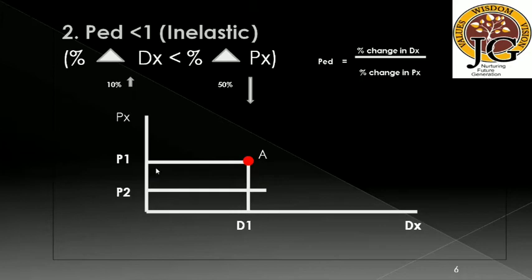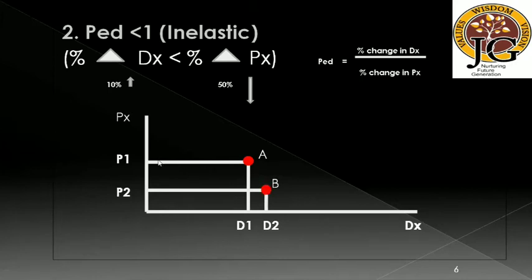The price has become half, and as a result there is a slight increase in the demand from D1 to D2, because here we have taken that the demand increases only by 10%, so it gives us the new combination, that is B.